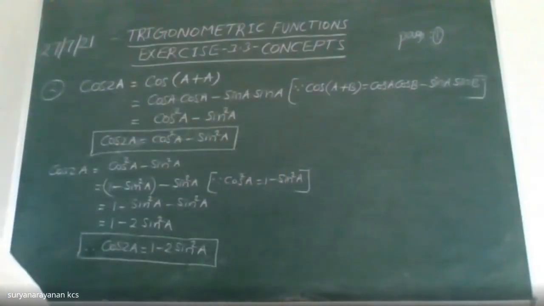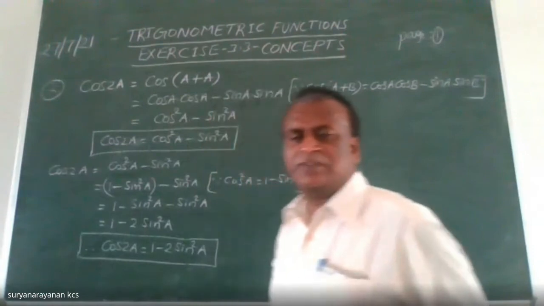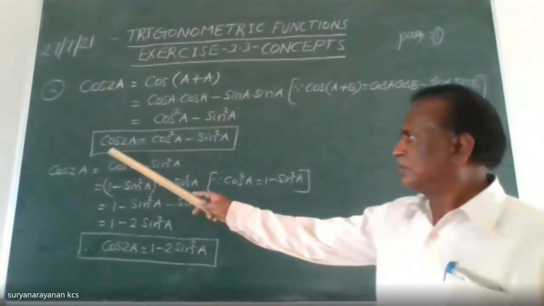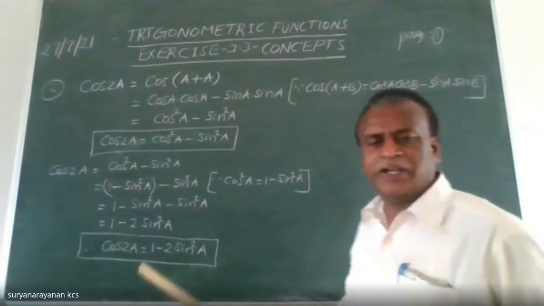Richan, cos 2A is equal to cos square A minus sin square A. Cos 2A is equal to 1 minus 2 sin square A. Very good, my dear Richan. Now, Rexlin, cos 2A equals cos square A minus sin square A. Cos 2A equals 1 minus 2 sin square A. Very good, my dear Rexlin.